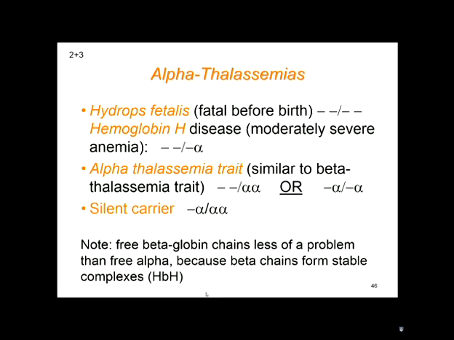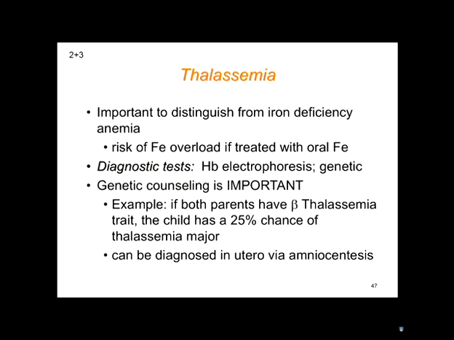Hemoglobin H is paired beta chains, and they're stable. Alpha chains precipitate, free beta chains don't. They form hemoglobin H, therefore the problem is less severe and potentially leads to less hemolysis. Okay? So alpha thalassemias and beta thalassemias have somewhat different manifestations and different severity.